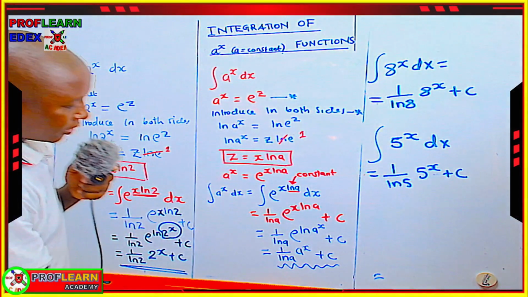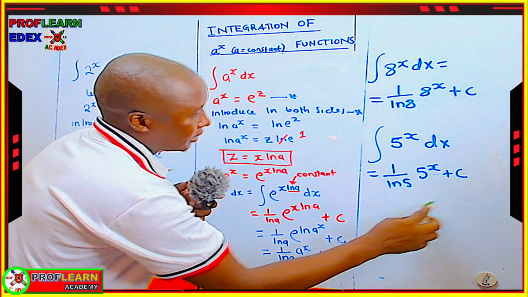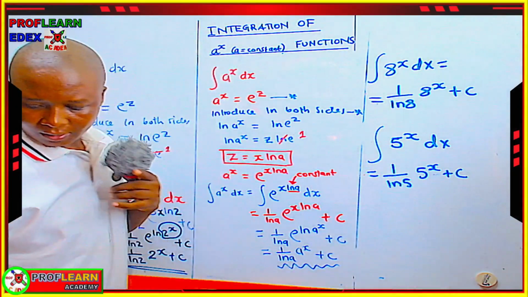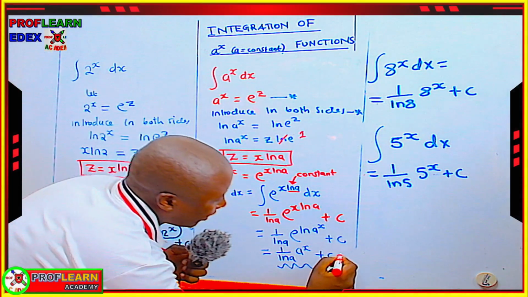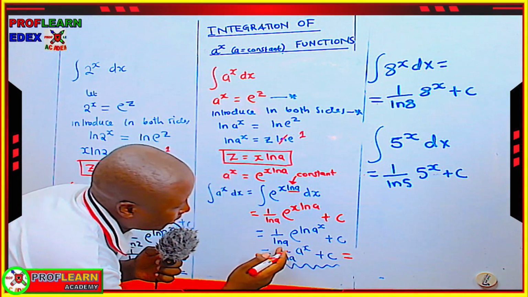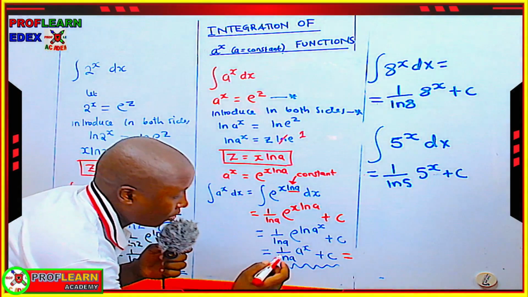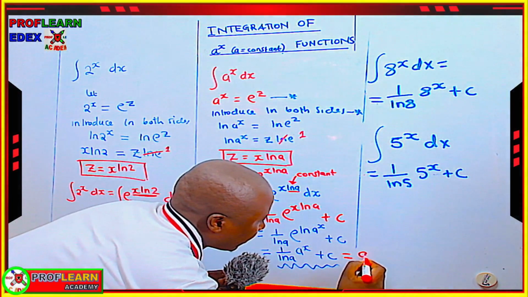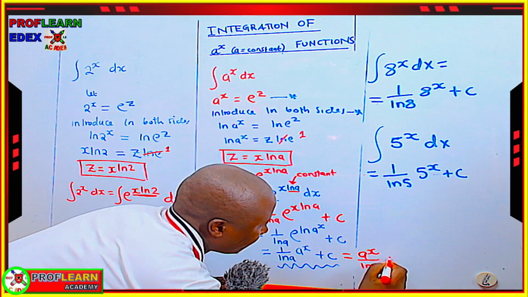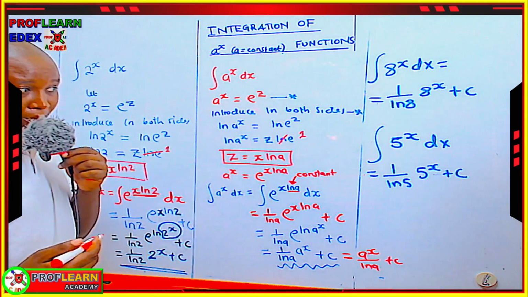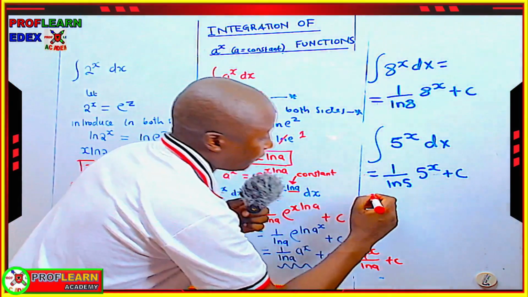And of course, once you have all these answers that we're talking about here, you can as well write this expression as a to the x over ln of a then plus c. That's just making it more simplified.